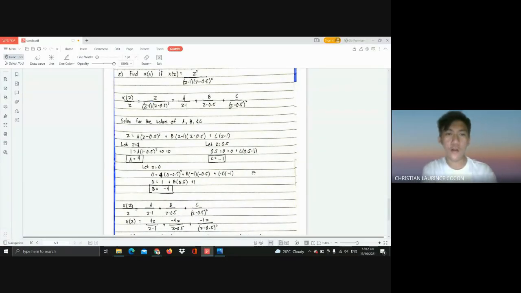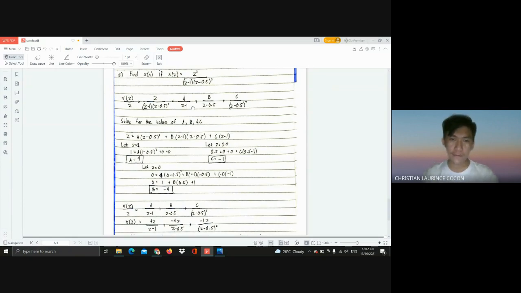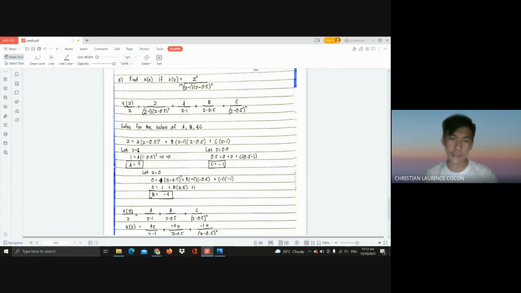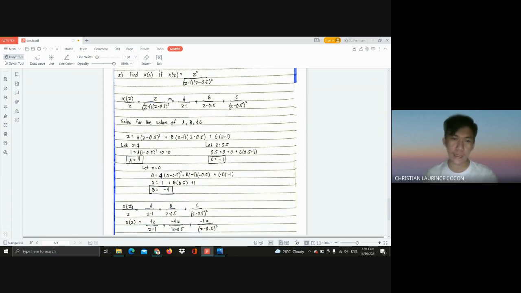So for number 5, we have to find x of n if X(z) is equal to z squared over (z minus 1) multiplied by (z minus 0.5) squared. What I did is divide both sides by z. So we have X(z) over z is equal to z over (z minus 1) multiplied by (z minus 0.5) squared.